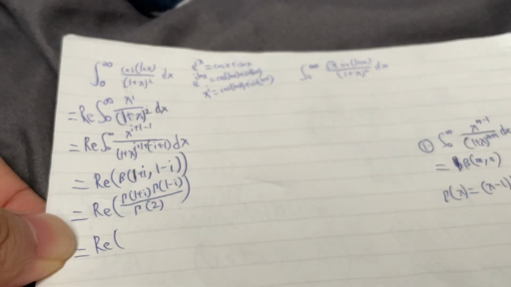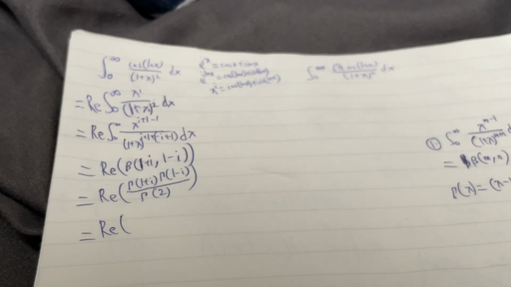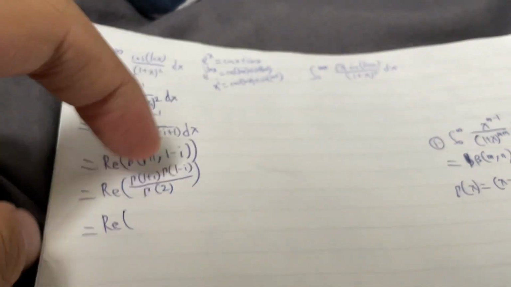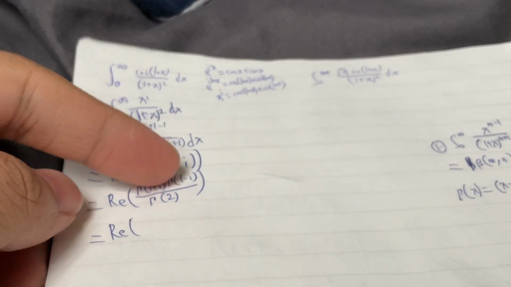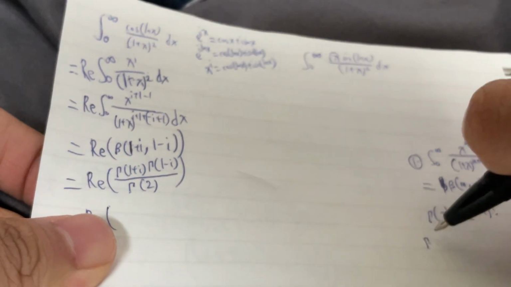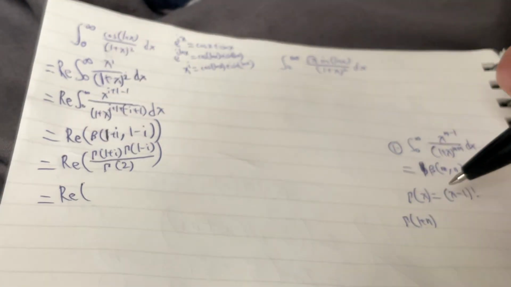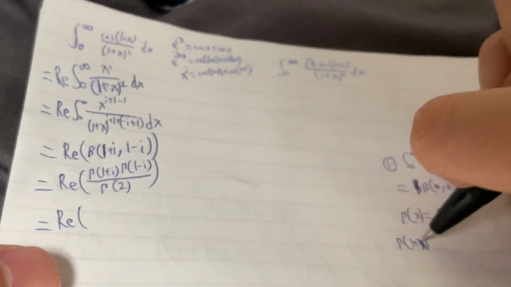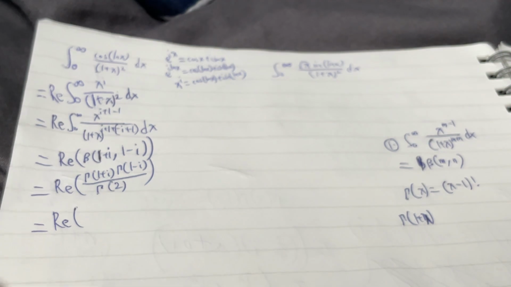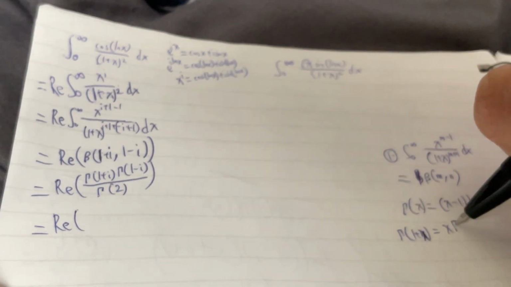So here's the deal. Gamma of 1 plus i times gamma of 1 minus i. How can we simplify it though? Here's the deal. Gamma of 1 plus i. So I'm going to use the formula gamma of 1 plus x, doesn't matter, is equal to x times gamma of x.